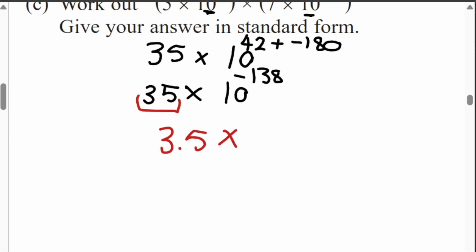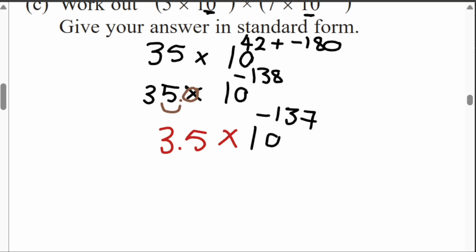In the number 35, the decimal is here, because 35 is 35.0. What we did is we moved it back one step, so the power increases to be more positive, so it's going to be negative 137.